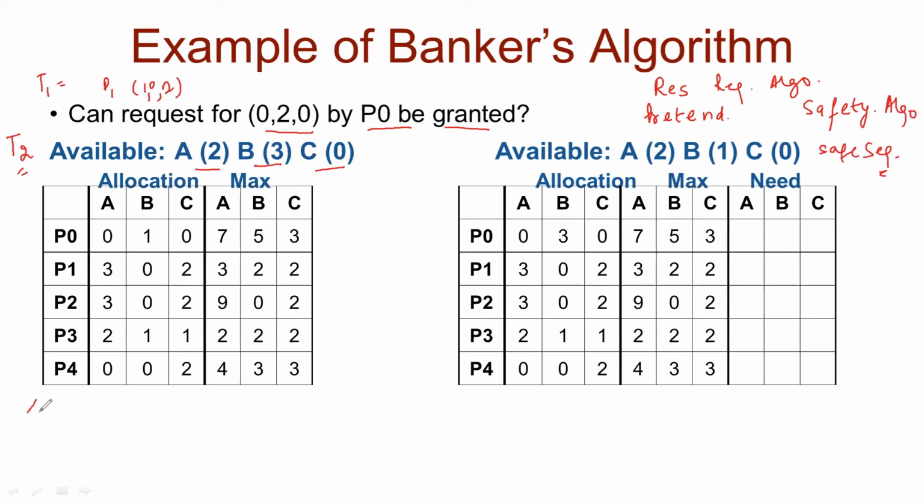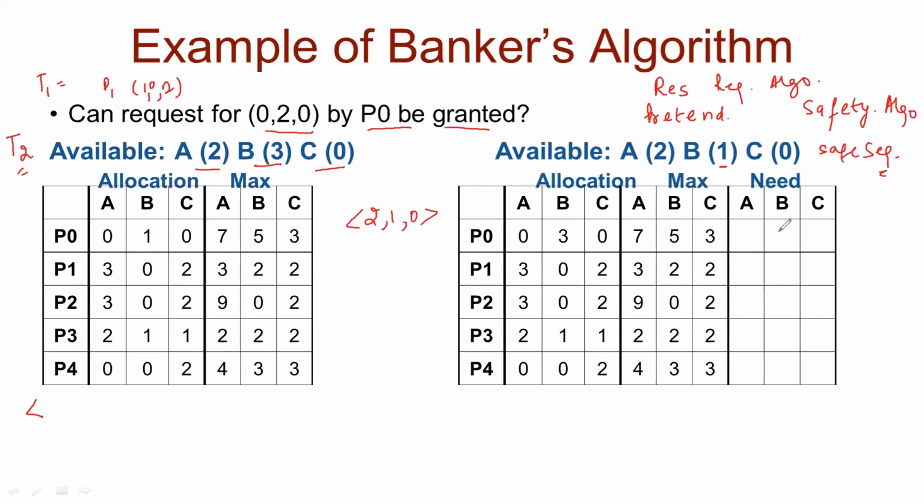So let's start. Because we have assumed that this request by P0 is granted, the allocation of P0 becomes 0, 3, 0. Two instances of B are allocated, so two instances of B are subtracted from available. Available now becomes 2, 1, 0.